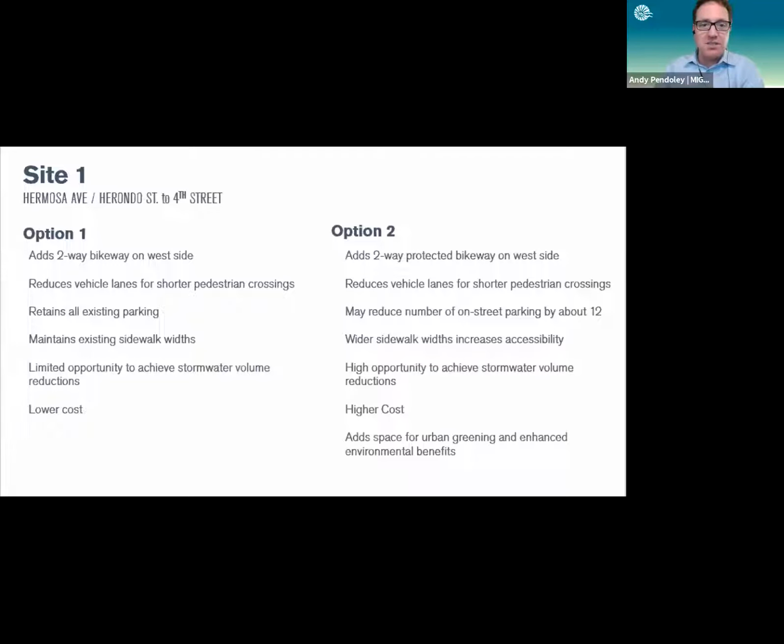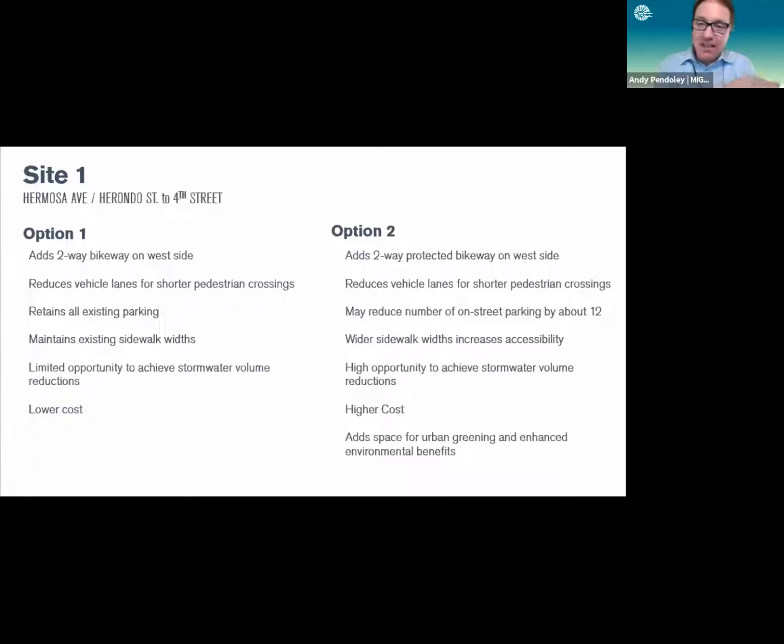Just to start things off, let me put up a poll here. Looking between option 1 and 2, you should be able to see it on screen. Those of you who are members of the public from the community, our project team won't bother with the poll. Where do you lean more? Do you favor one? Maybe favor one a little bit, but like some parts of 2? Don't know, really.